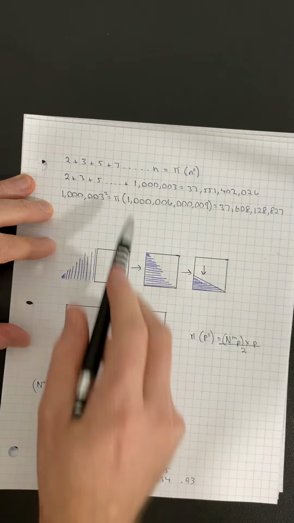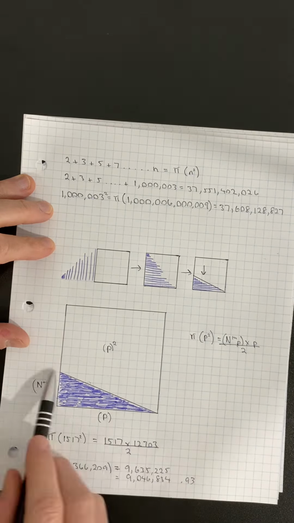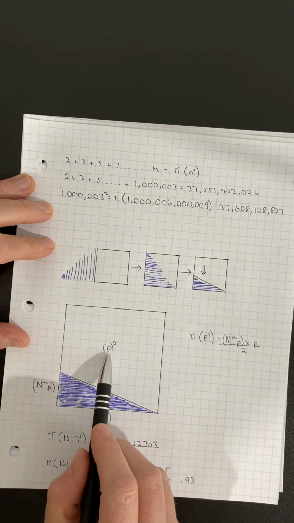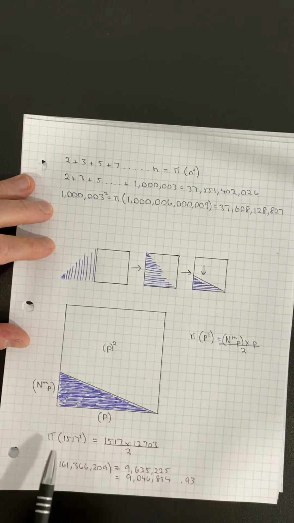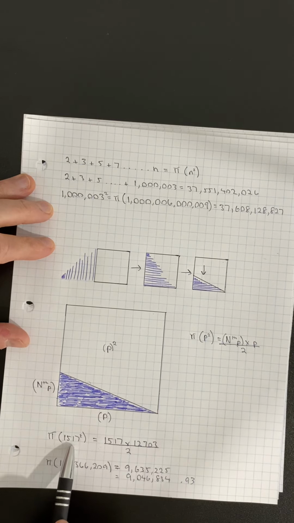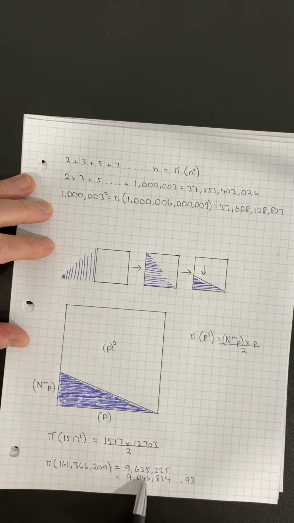So instead of adding them all, you only need to know the nth prime, and the prime divided by 2 equals the amount of primes less than prime squared. There's the formula. And I plugged it in for 1,517. I got that. There's how many primes are less than that, and it's pretty accurate, 0.93.